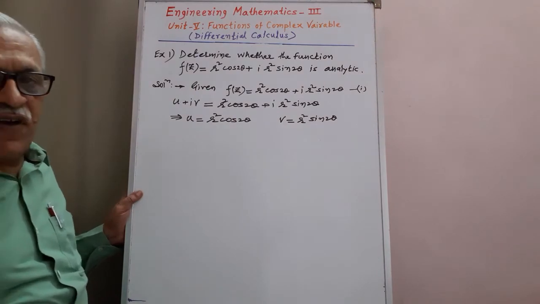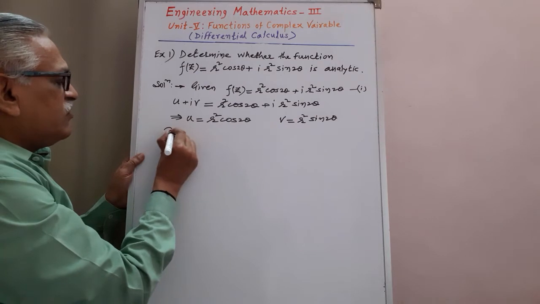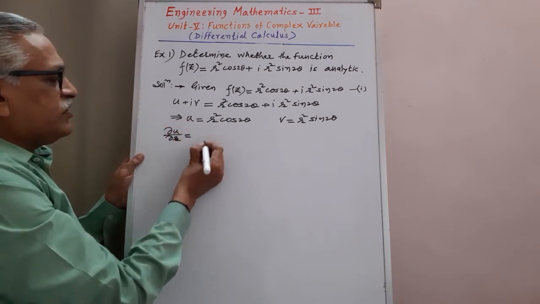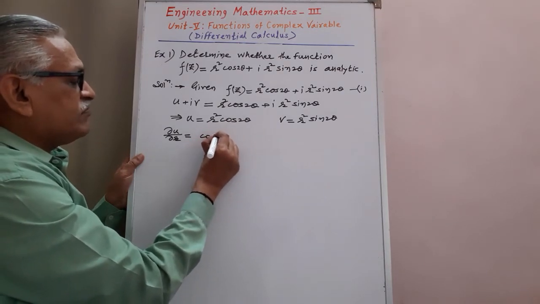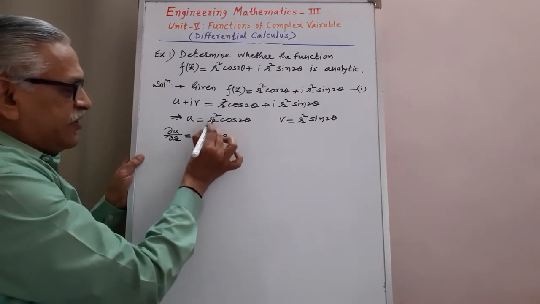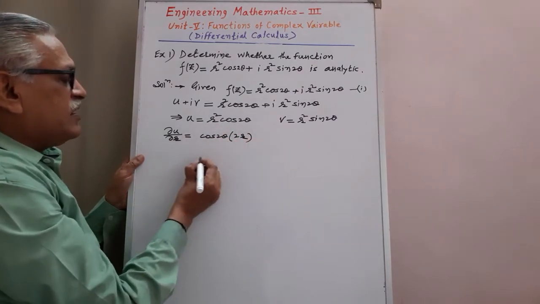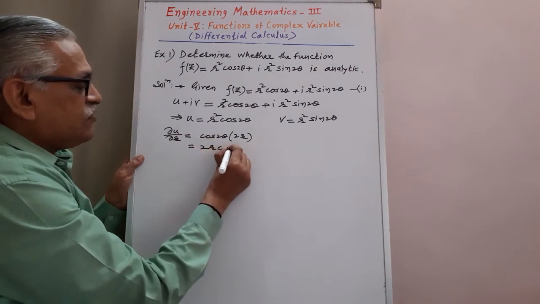Both are functions of r and theta, polar form, and therefore differentiating u with respect to r, keeping theta constant, cos 2 theta is a constant term outside, and the derivative of r square with respect to r is 2r, and therefore that term becomes 2r cos of 2 theta.